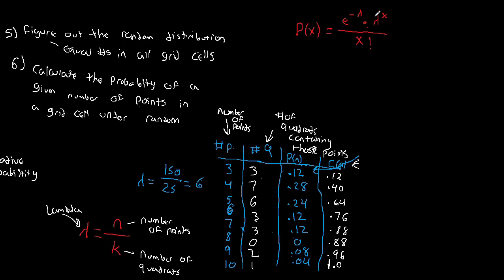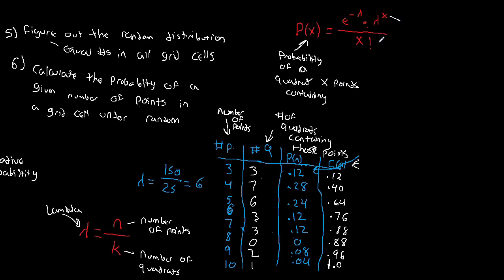Okay? So what this equation is saying is this is the probability of a quadrat containing x points, right?